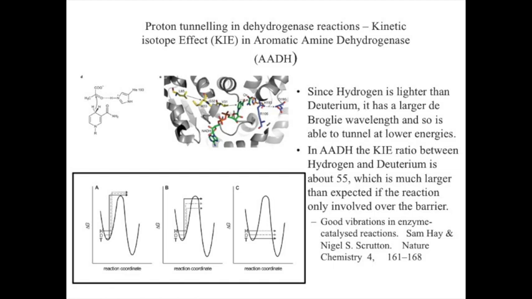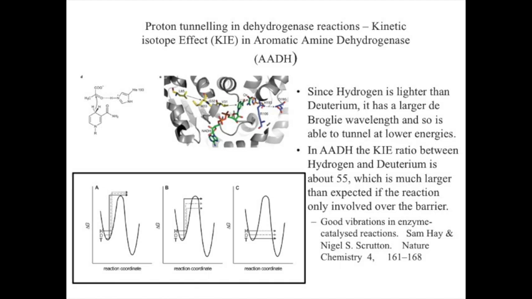And in order to probe whether or not quantum tunneling is involved in these reactions, in this case quantum tunneling of protons, the nucleus of a hydrogen atom, you can do a useful trick, and that is to replace hydrogen with deuterium. So quantum tunneling is essentially going through an impenetrable barrier through quantum mechanical phenomena.